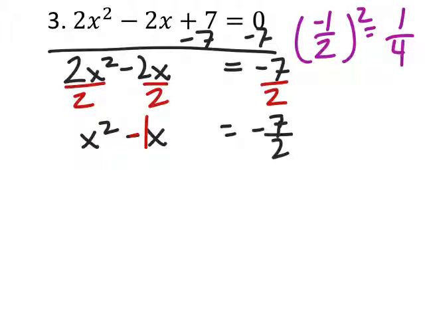So in this case, we're going to add 1/4 to both sides of the equation, and from this point we should be able to factor that out. So negative 14/4 plus 1/4 will give us a negative 13/4.